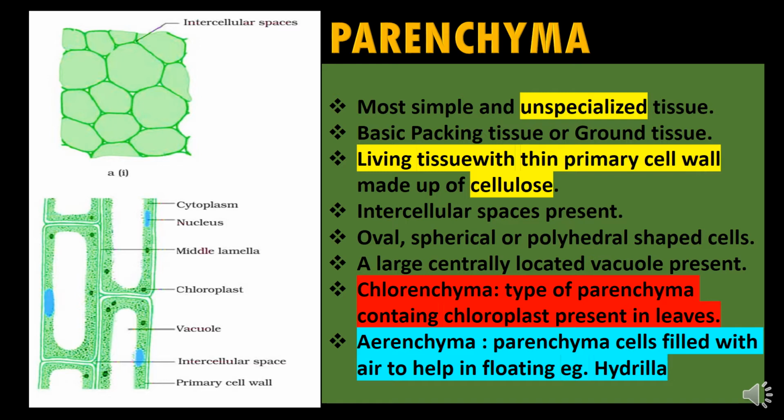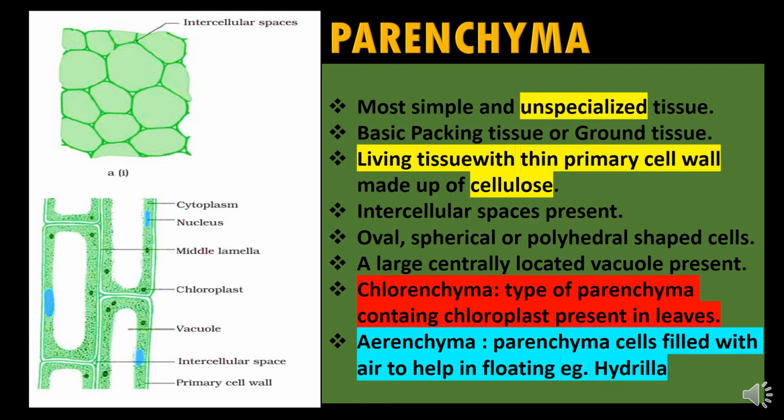The cells are living, with a thin primary cell wall made up of cellulose. Intercellular spaces are present as the cells are loosely packed, and the cells are oval, spherical or polyhedral in shape. A large centrally located vacuole is present, as the main function of this tissue is storage.